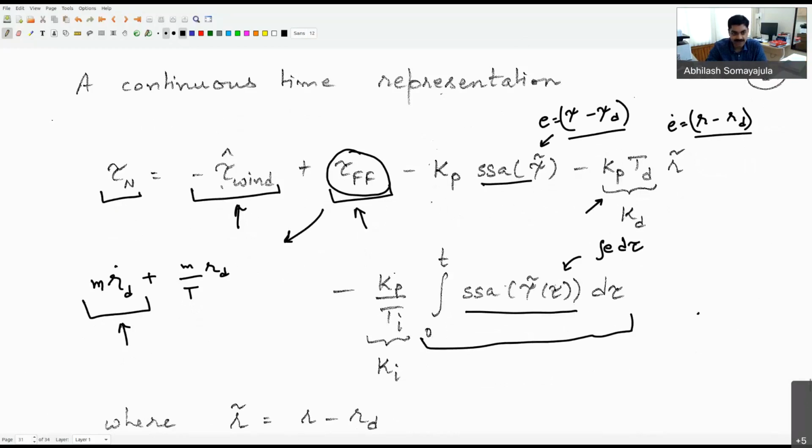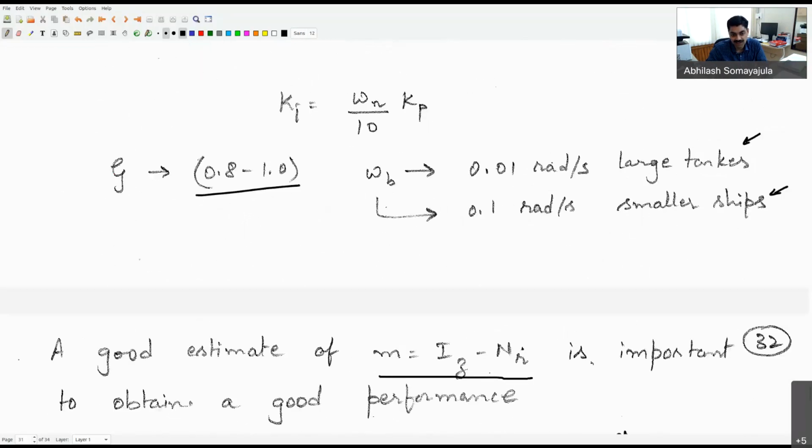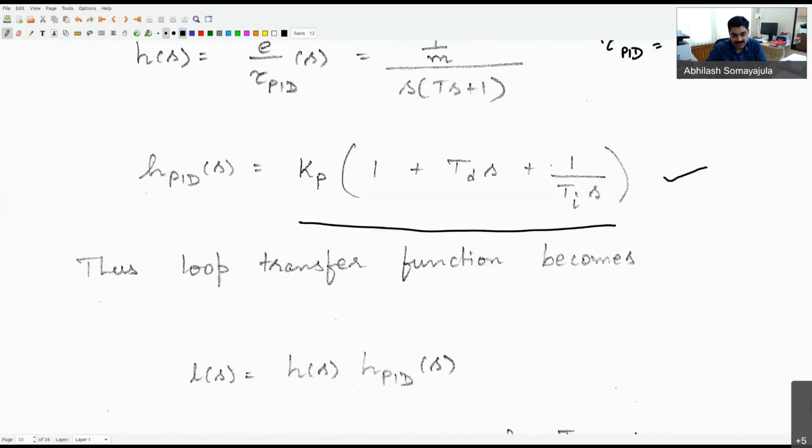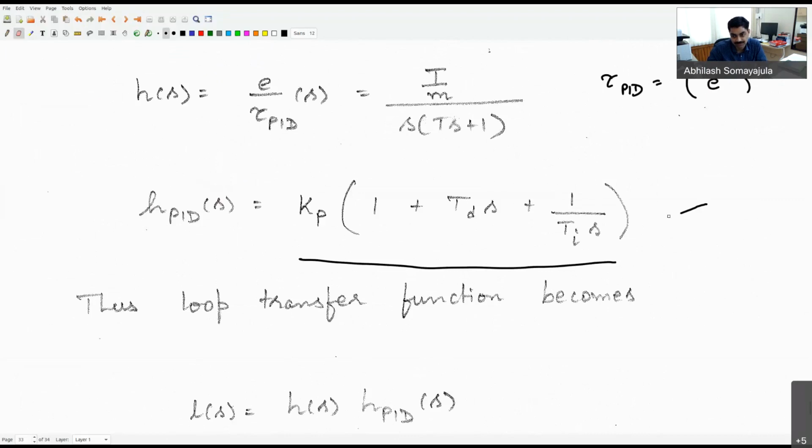So basically, if I write what that tau PID is as a function of E in the Laplace domain, I can write it out as this fellow right here, where Kp times Td is Kd and Kp by Ti is nothing but Ki. That's what it means, right?